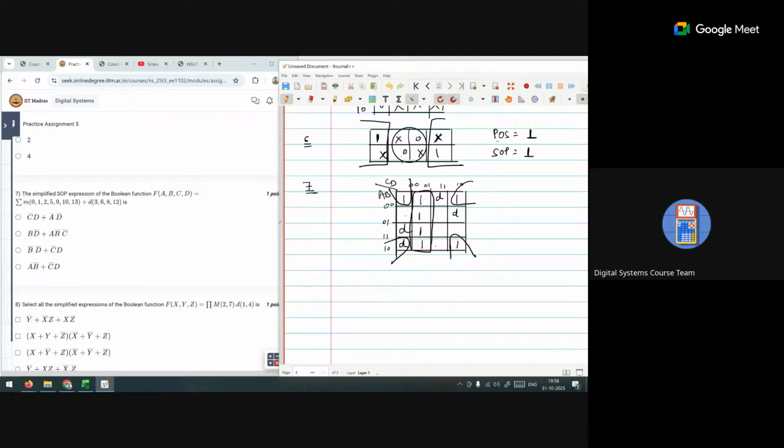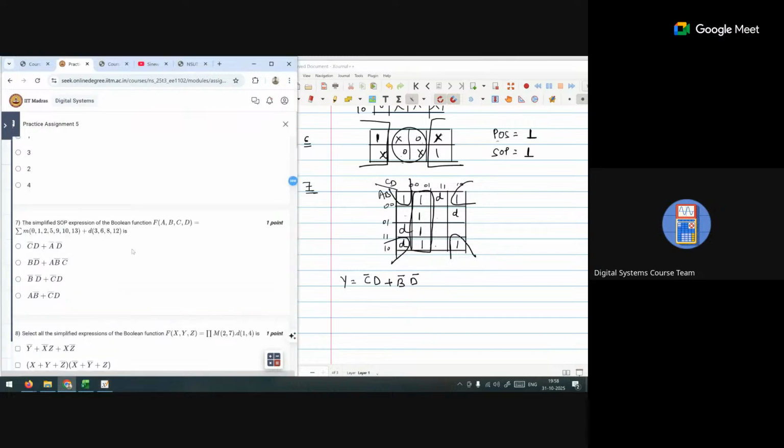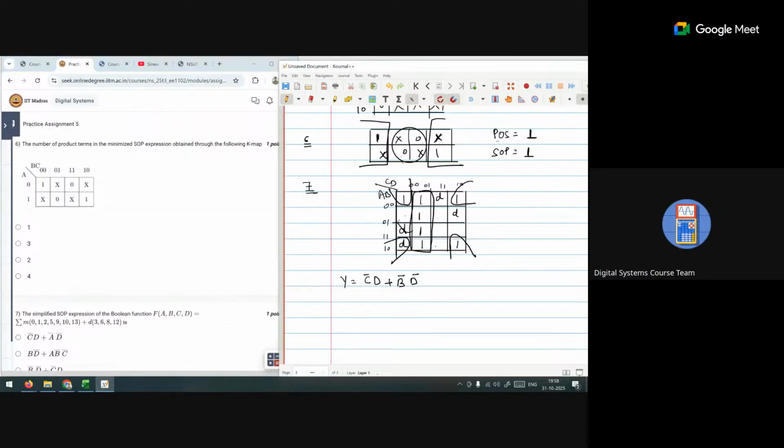If we consider the first group, this particular column group, the term is Y equals C bar D. If we are talking about the corner, it is B bar D bar. All the ones are already covered in these two groups, so no extra group is needed. So we neglect this D, neglect this one, and neglect this one.